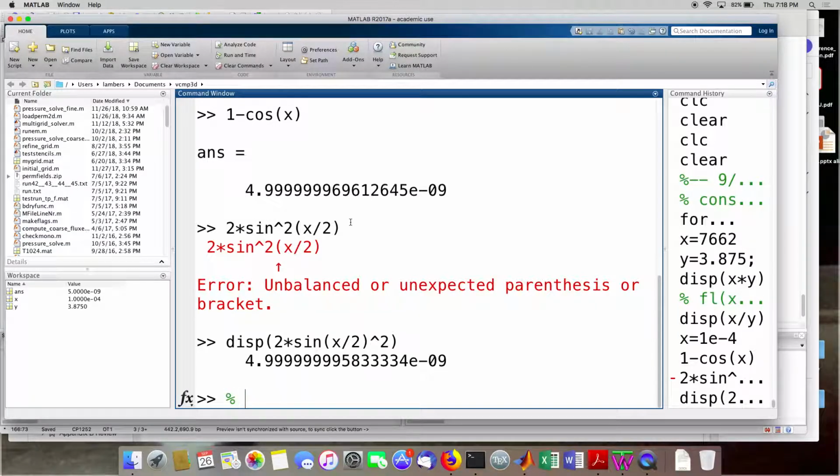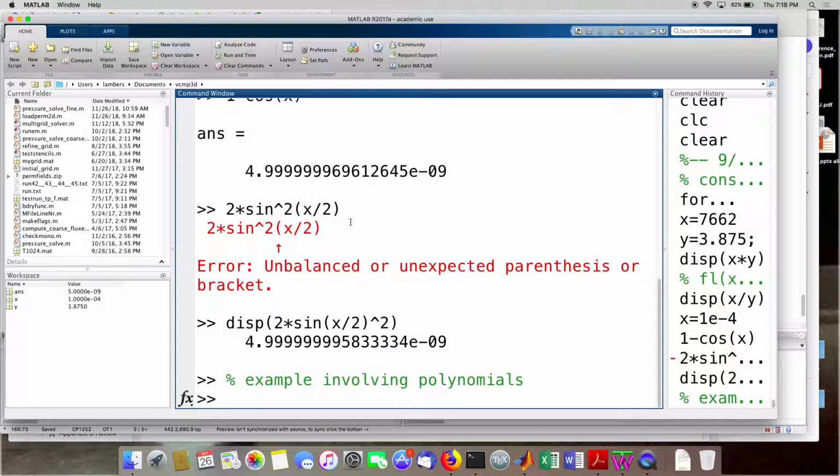Now, another example involving polynomials. I concocted this in advance. 1 minus 6, 15 minus 20, 15 minus 6 is 1.